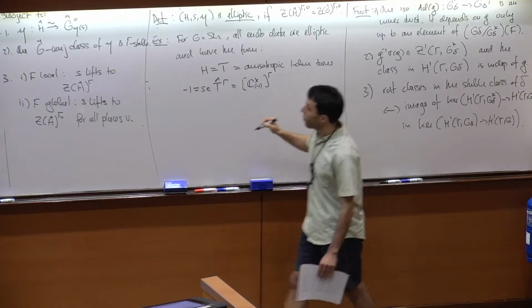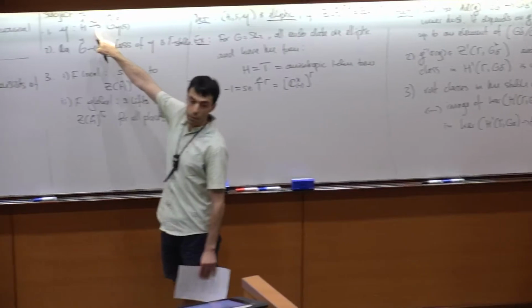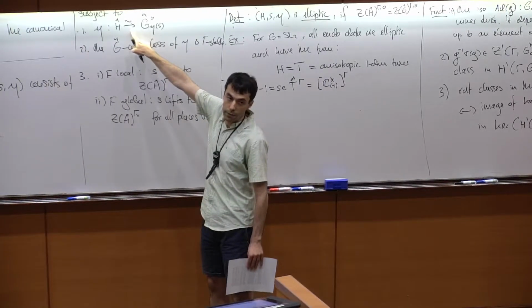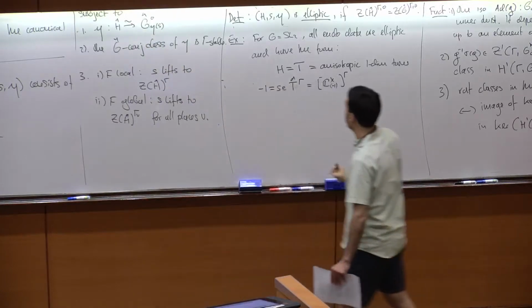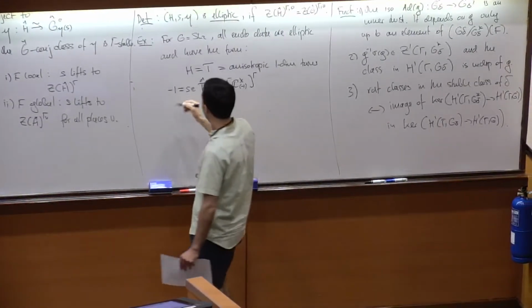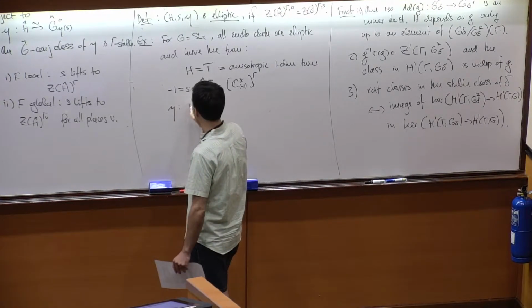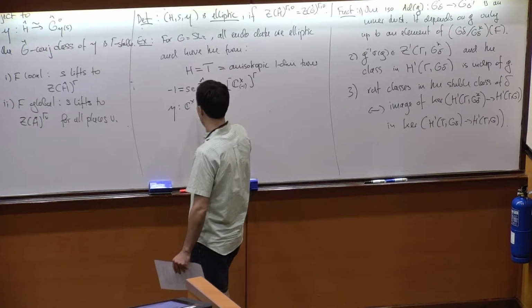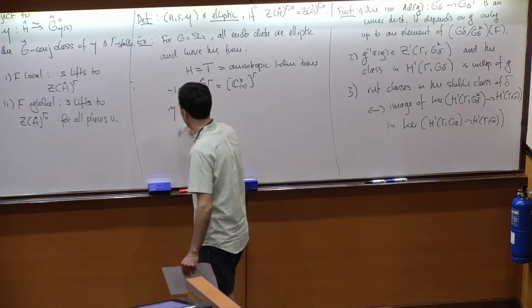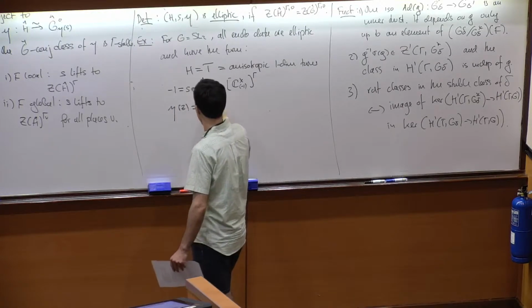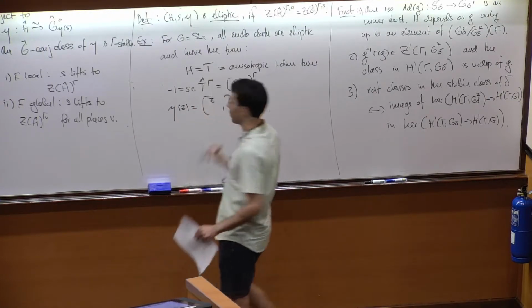For otherwise, we're going to violate this condition here. If we take 1, the centralizer of 1 will be all of G hat. And so we're not going to have an isomorphism. And then eta just identifies C cross with the diagonal torus. So let me just say eta of z is (z, z inverse).